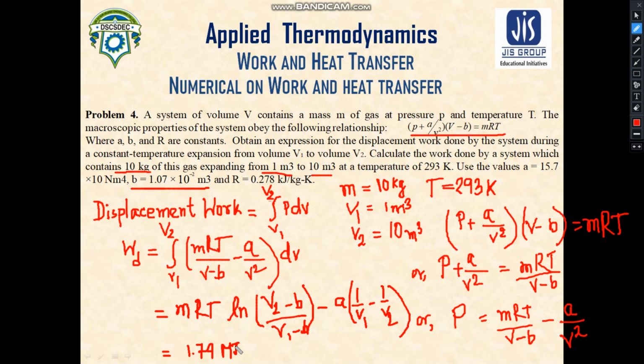I hope we have covered a lot of problems regarding work transfer mainly. We haven't discussed heat transfer. In the next lecture sessions, when we deal with the first law of thermodynamics, we will see problems which incorporate both heat and work transfer.